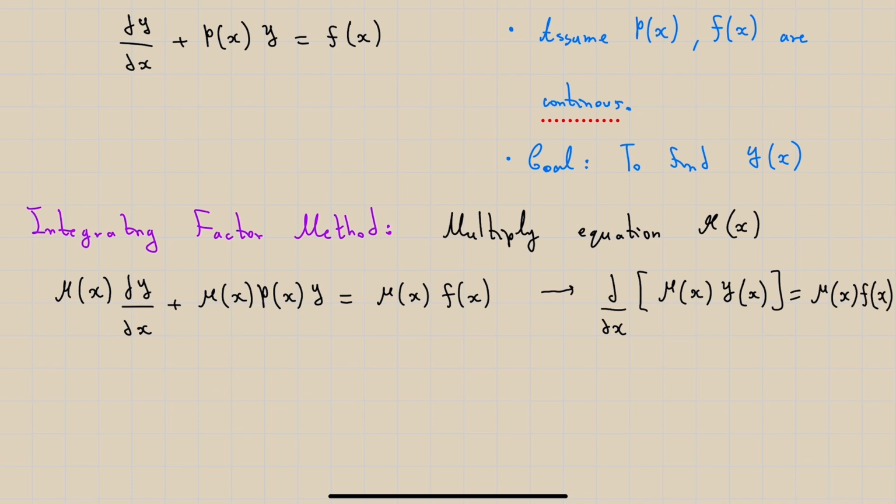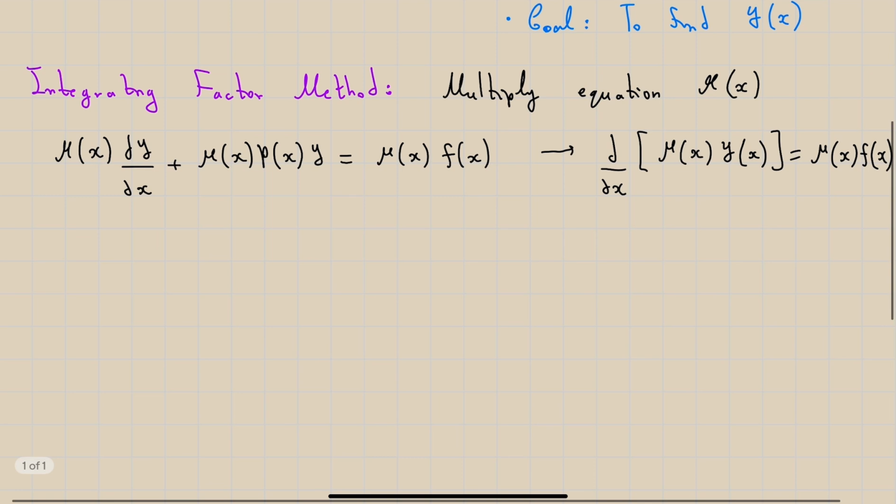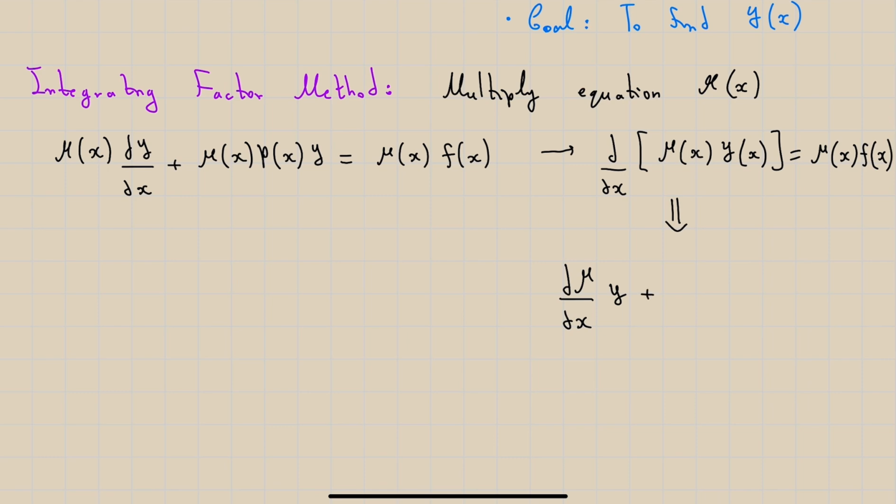Well, that's good, but this has to satisfy some rules. If I take the derivative by the product rule, I get d mu/dx times y plus mu times dy/dx is equal to mu(x) times f(x).